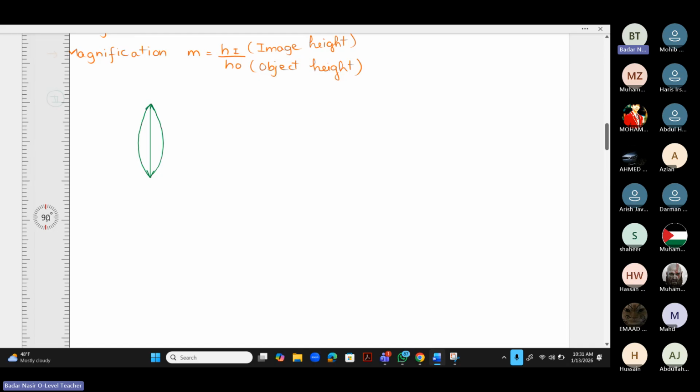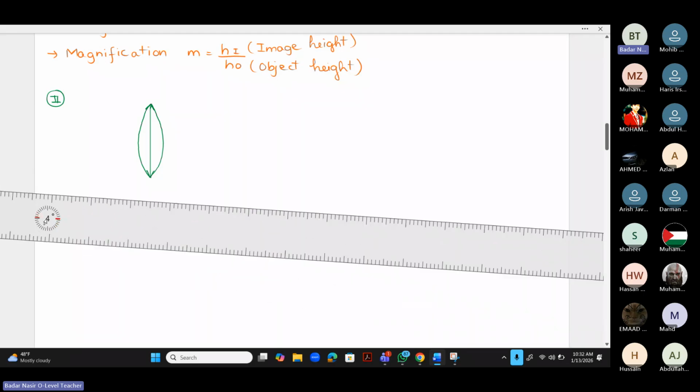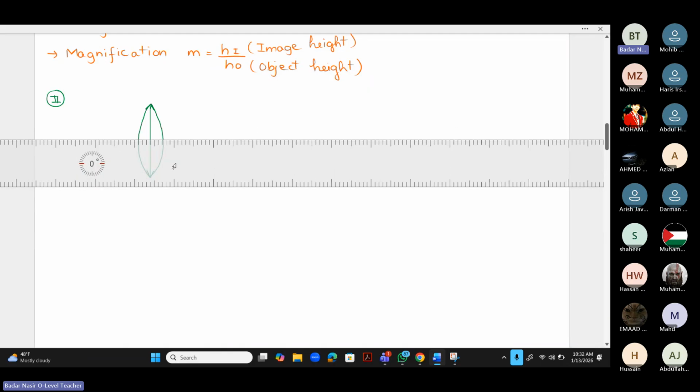Now let's just draw the principal axis such that this principal axis will pass through the center of your lens.